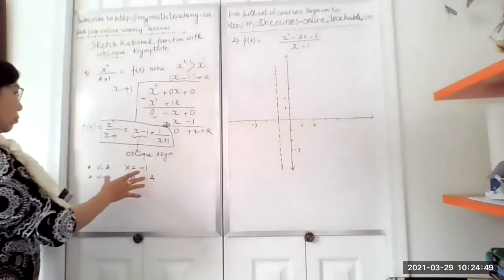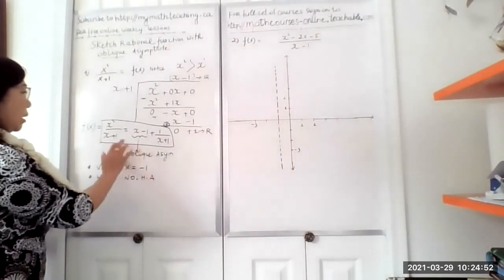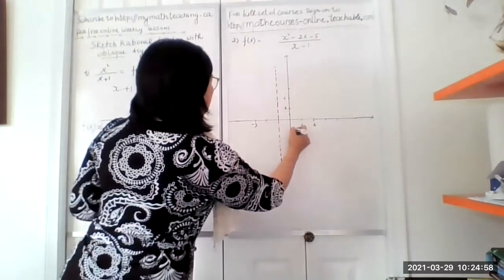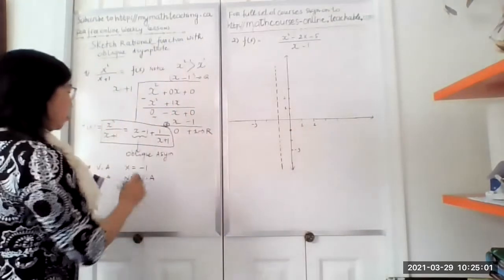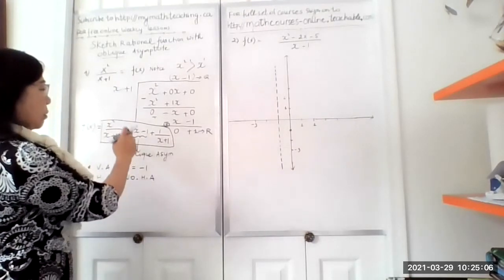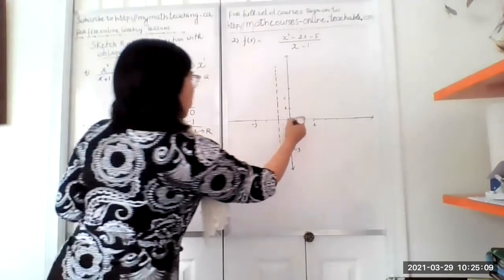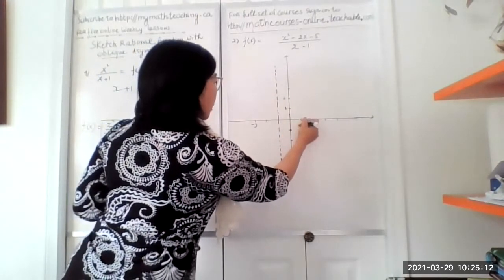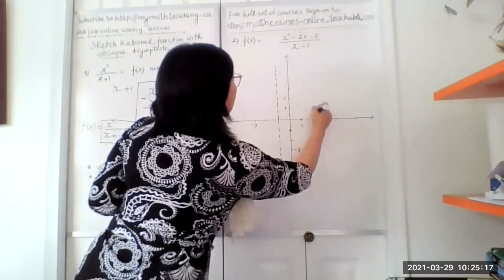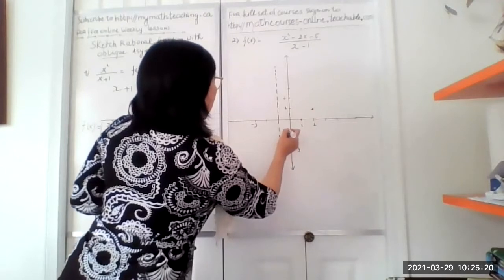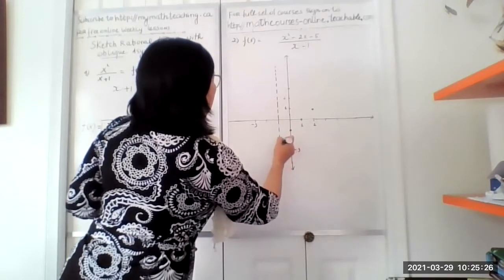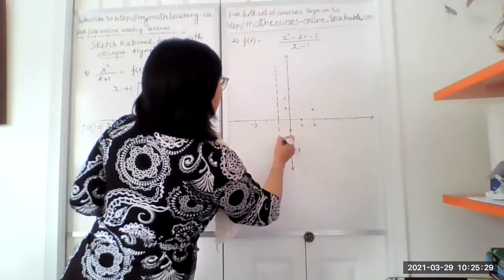Okay, so what else do we recognize? Now we're going to sketch the oblique asymptote. The oblique asymptote is a straight line, linear, with -1 as the y-intercept. And the slope is 1 over 1. The rise is 1, the run is 1, right? The slope equals rise over run. So we rise 1 unit, run 1 unit. Rise 1 unit, run 1 unit. And if we go the other side, we go down 1 unit and so on.